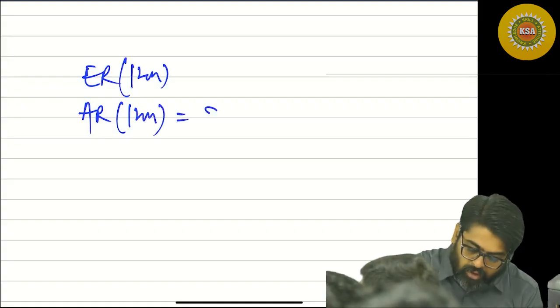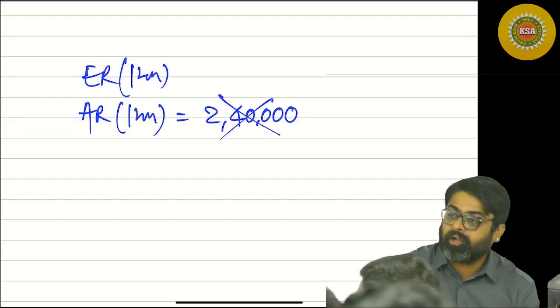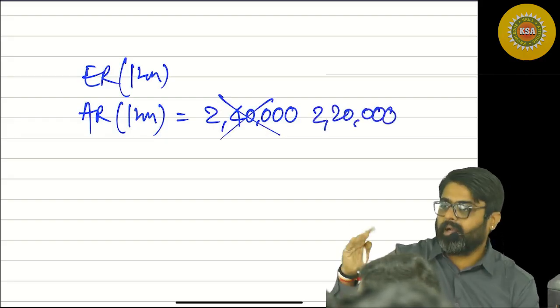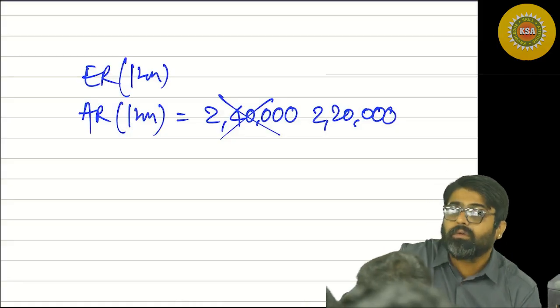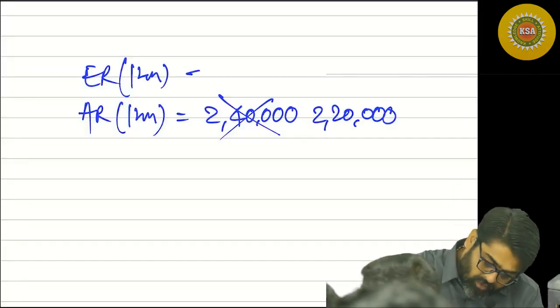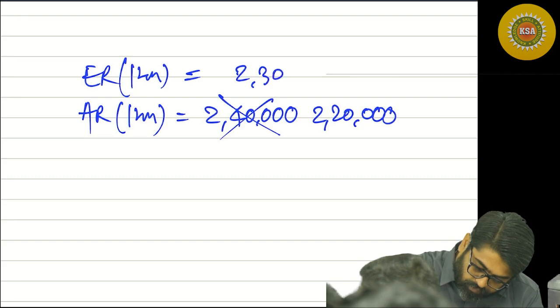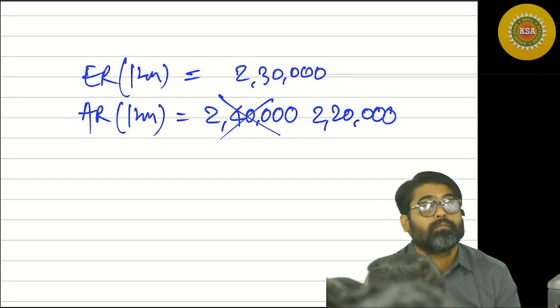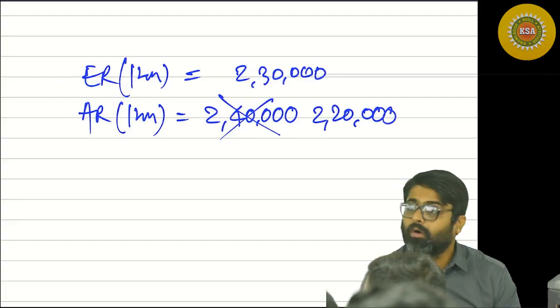Actual rent for 12 months was 2,40,000, but now how much are you taking, after eliminating the unrealized rent? And what if your expected rent was 2,30,000? Possible or not?